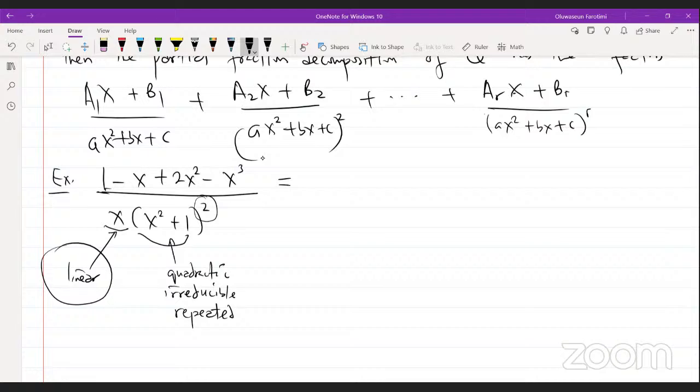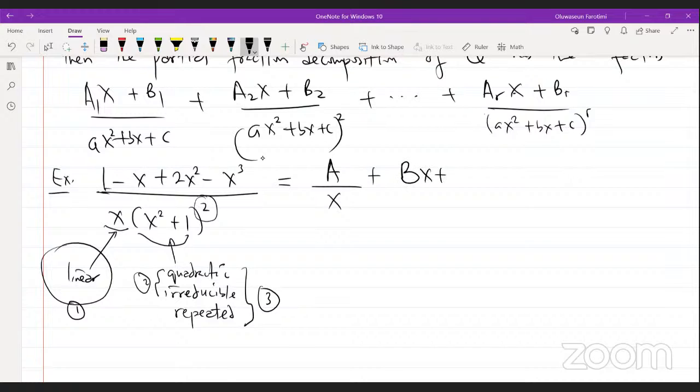So 3 things in this case. If I want to resolve this guy into partial fractions, it's going to be A over x, plus the fact that it is quadratic and irreducible. So this guy becomes my number 1. Number 2 guy with the constants, and then the whole of this is going to be the number 3 guy. So number 2 guy, when it is quadratic and irreducible, what do you write?